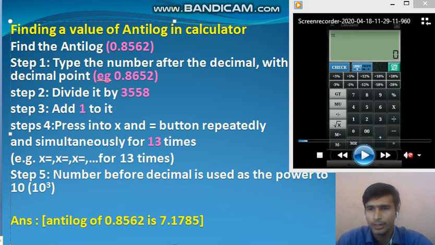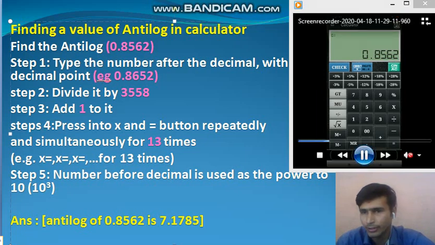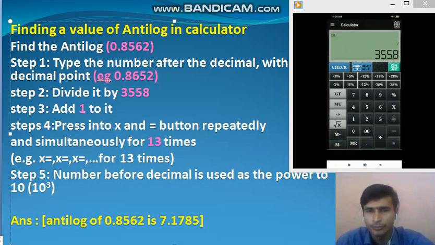0.8562, right? So first step, type in the calculator 0.8562. Step number 2 is divide this number by 3558. Step number 3 is add 1 to it.